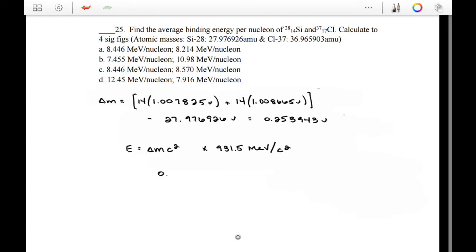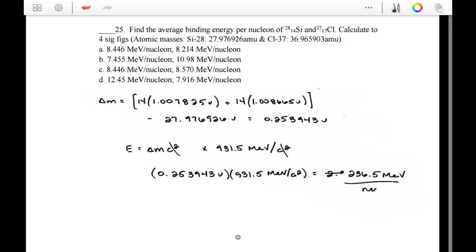So our answer here should be 0.253943 u times 931.5 MeV. The speed of lights are going to cancel out, and then that is equal to 236.5 MeV.